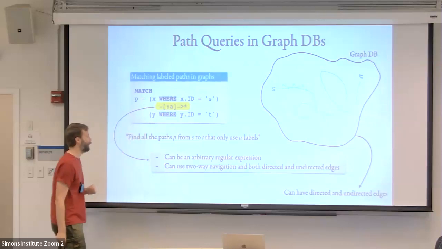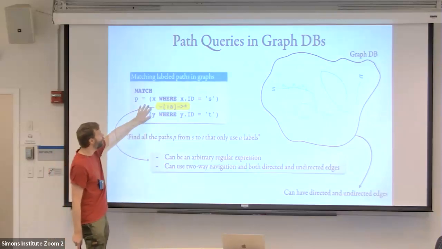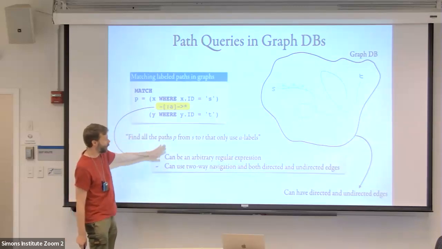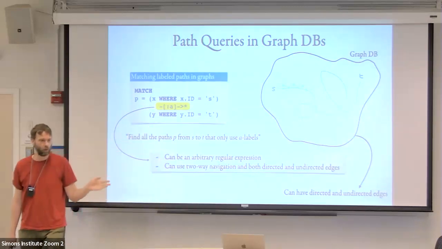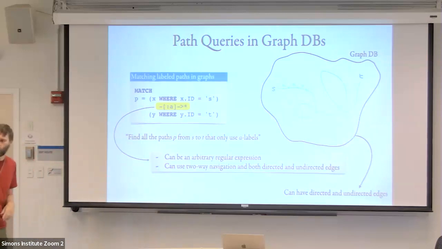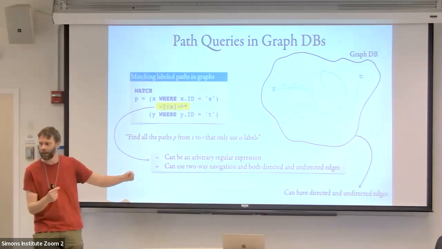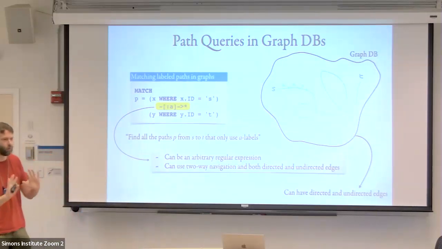And actually, you can even use two-way navigation, and in one expression you can use two-way navigation and both directed and undirected edges. So you can say, I want to follow a couple of A edges forward, then a couple of B edges backward, and then something symmetric. And you can do all this kind of stuff. So this is really, really general.